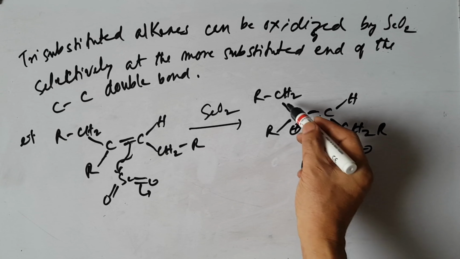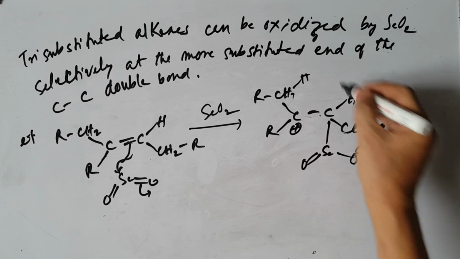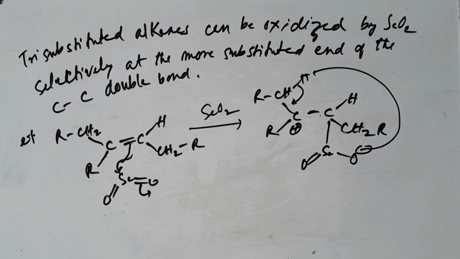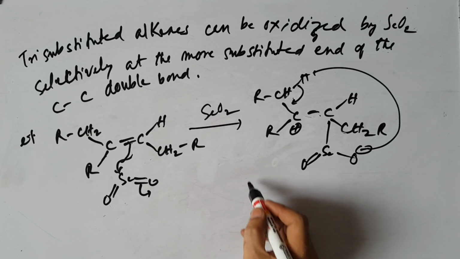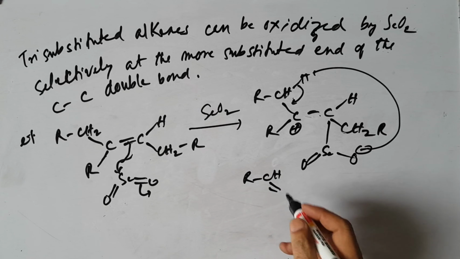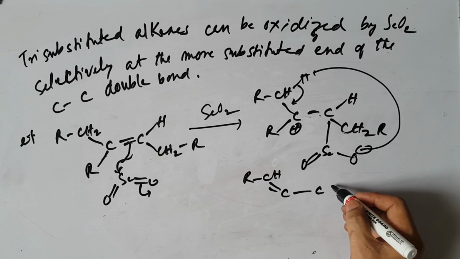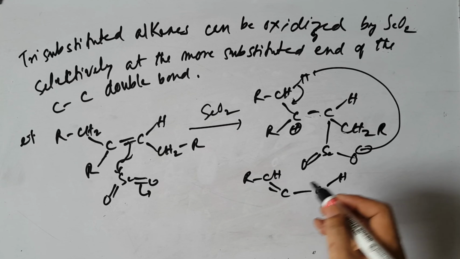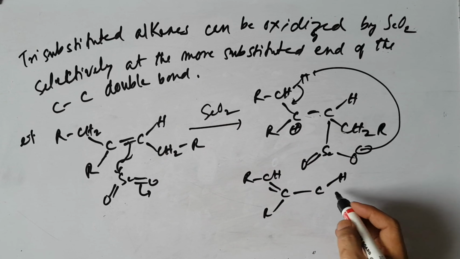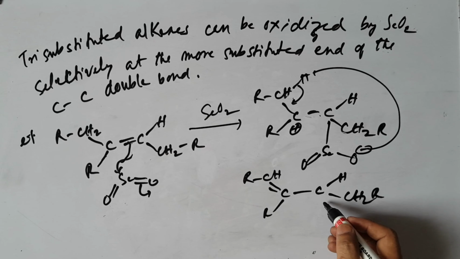Then the double bond shifts and one proton is lost. A hydrogen attacks here, so we get R, CH double bond C, CH2R, with the selenium here.